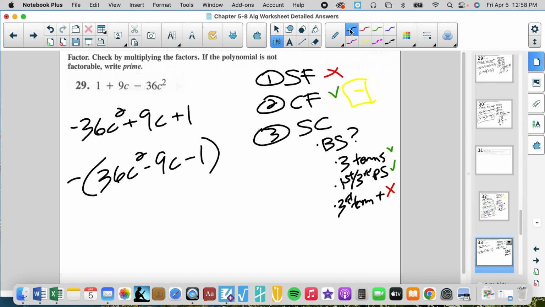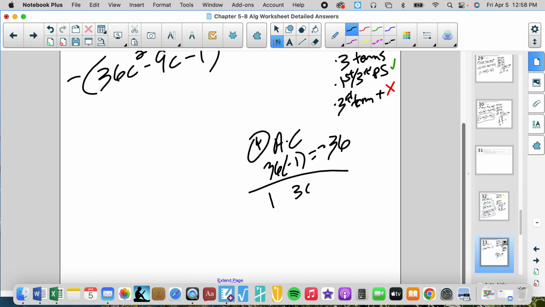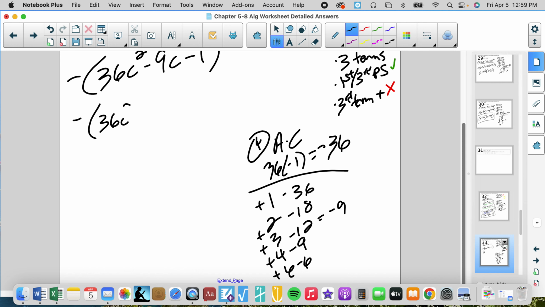Third term, so it's not a binomial square. So we got to go A times C. So A is 36, C is -1, -36, which is 1 and 36, 2 and 18, 3 and 12, 4 and 9, 6 and 6. Signs are different. Bigger is negative. So this right side is negative, this left side are all positives. And which one gives us -9? That does. So it's -36c squared plus 3c minus 12c minus 1.